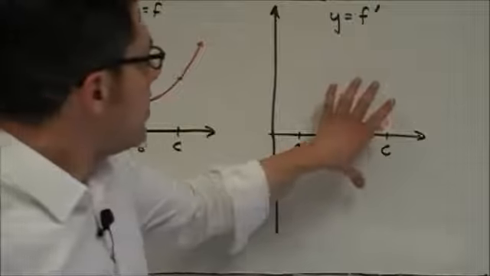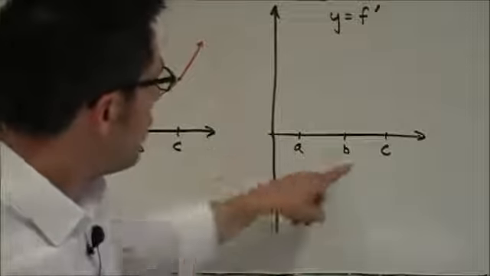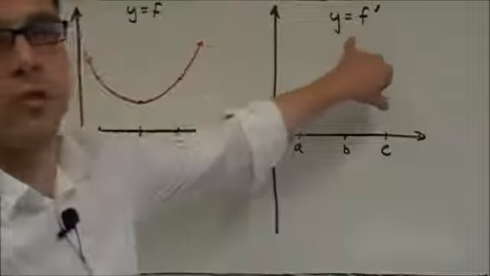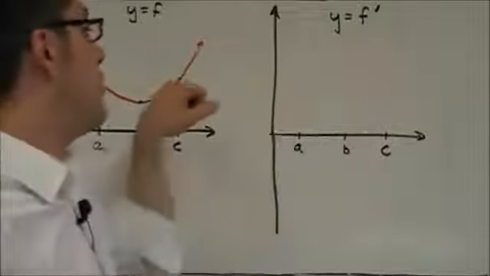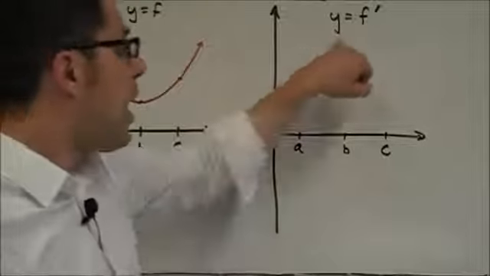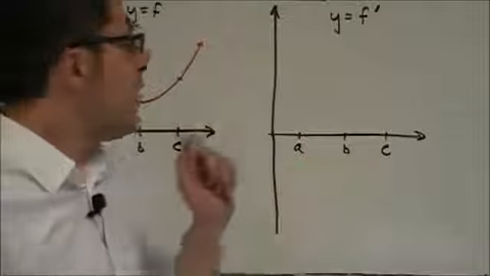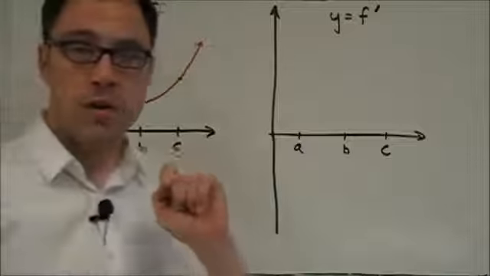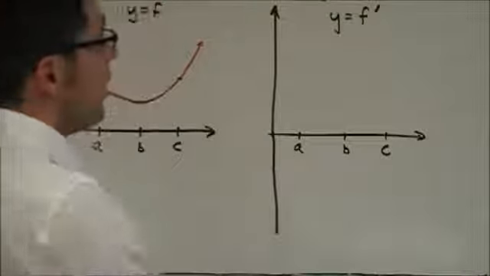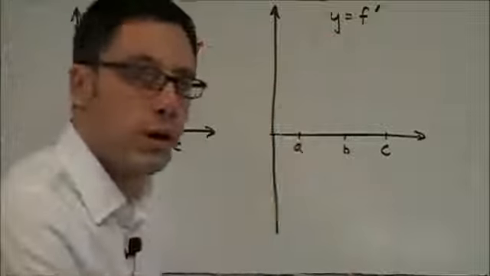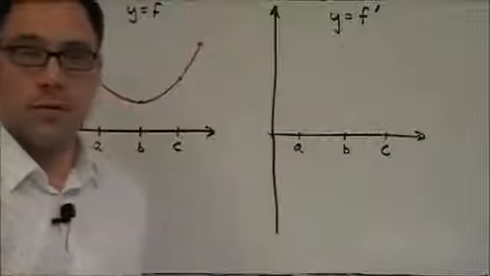And over here on the right, I've drawn another plane here where we're going to try to draw the derivative of this function. Okay, so y is the derivative of f. And this is the key thing to keep in mind whenever you're doing these kinds of problems, which is that the y value, the output, is really the derivative. Okay?